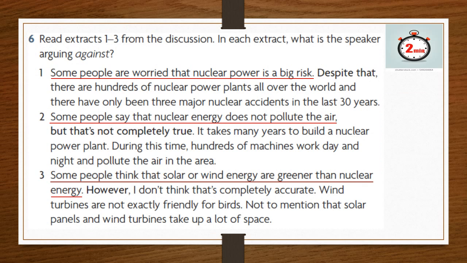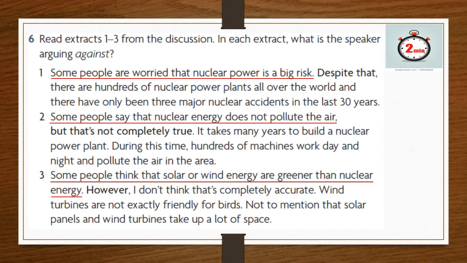So when he asks in question number 6, in each extract, what is the speaker arguing against? He's asking about the earlier idea, the sentence before the counter argument word or phrase. So despite that is a counter argument word or phrase. The underlined sentence before it, some people are worried that nuclear power is a big risk, is what the speaker is arguing against.